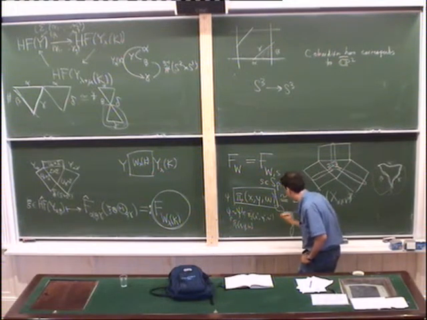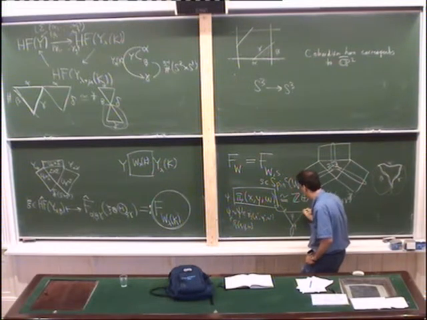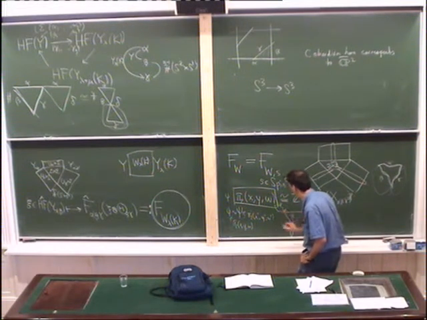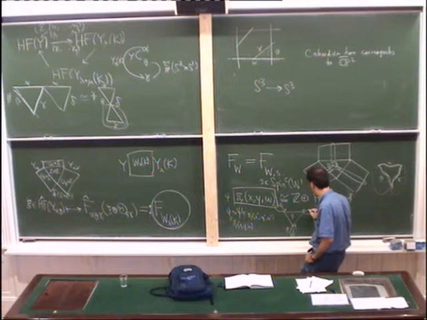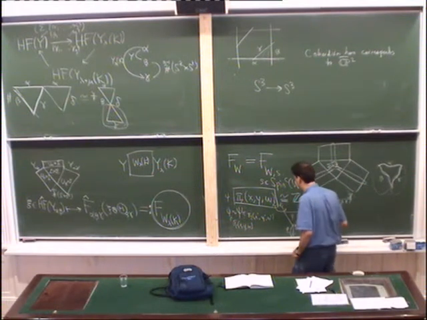So I've got my psi, which goes between x, y, and w, and I juxtapose on a phi 1 which goes from x to x prime, a phi 2 which goes from y to y prime, and a phi 3 which goes from w to w prime.